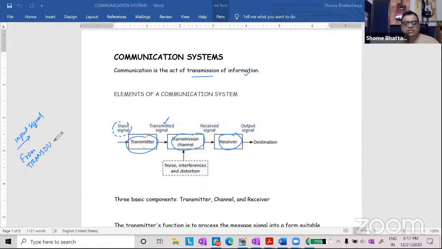A transducer is a device that converts one type of information into another type of information. An example of a transducer is a microphone. A microphone converts audio waves or sound waves into electrical signals. So that's an example of a transducer.